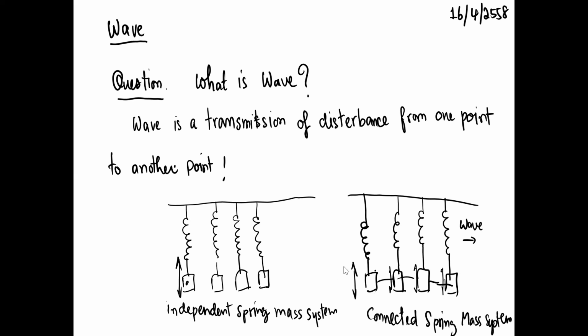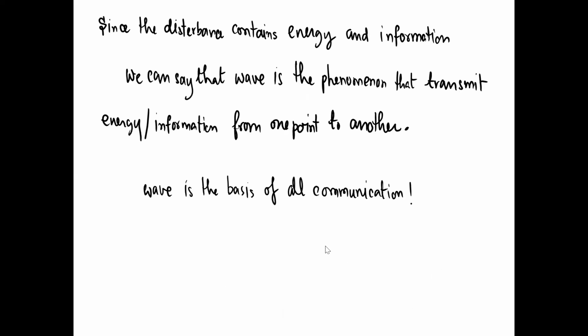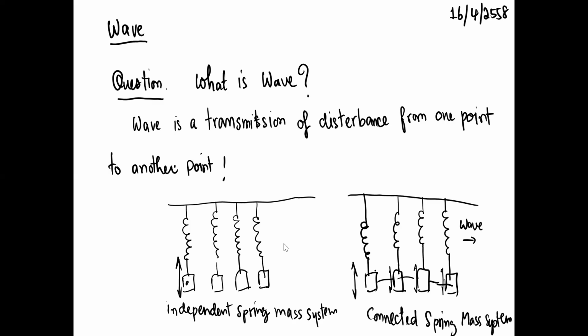It's the process of sending the disturbance from one point to another. So when you disturb one point to oscillate, it transmits to the medium. So we call this the medium, okay? The medium that the wave is traveling on.